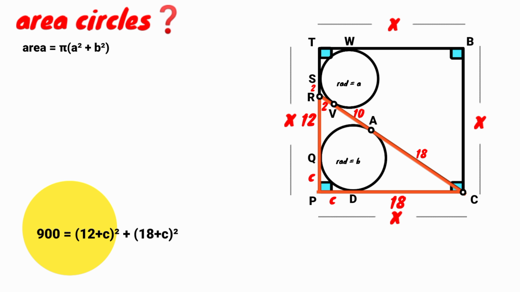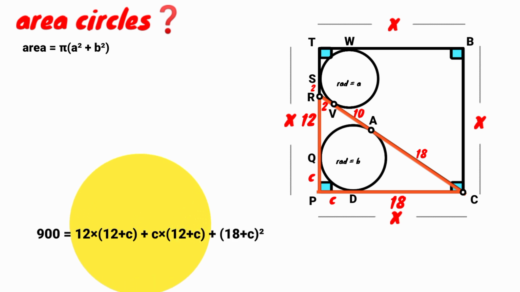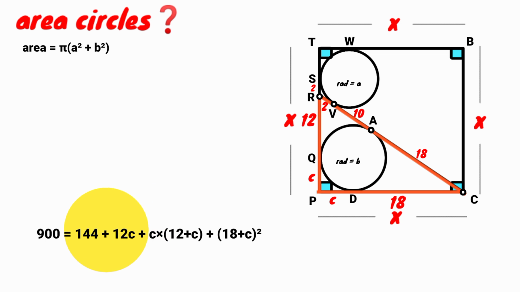30 squared is 900. 12 plus c all squared is 12 plus c times 12 plus c. 12 times 12 plus c is 144 plus 12c, and c times 12 plus c is 12c plus c squared. 12c plus 12c is 24c.